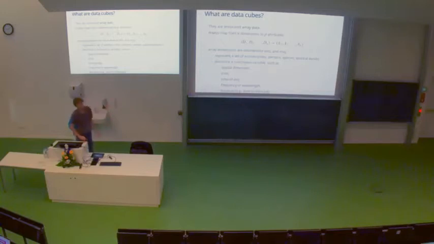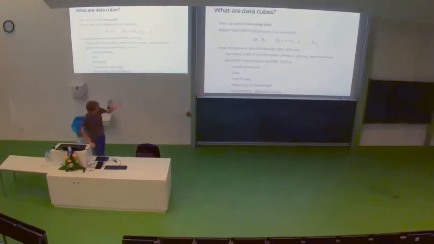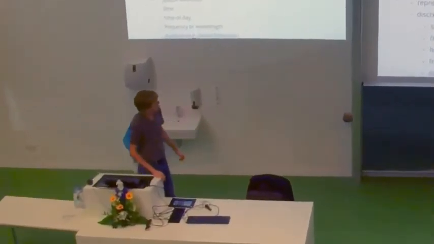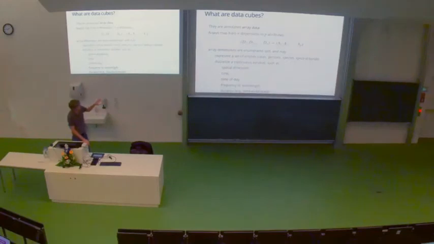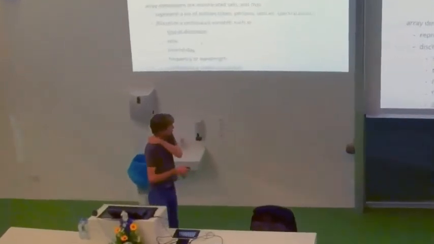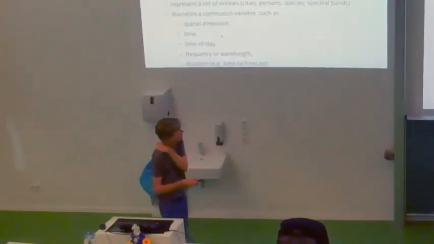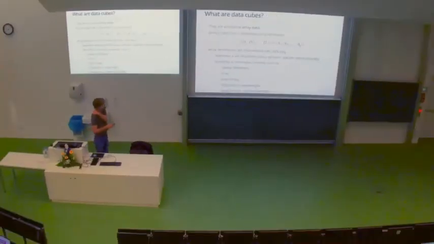And then the attribute would be the amount of money or the amount of items sold or something like that. So this is a mapping from dimensions to attributes. So arrays are enumerated sets. They may represent sets of entities or discrete or continuous variables, spatial dimension, time of day, frequency or wavelength, or duration. Those are things that you could put into dimensions, and where you would have a set of attributes associated with that.